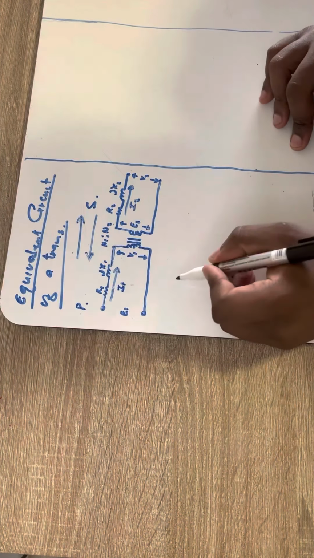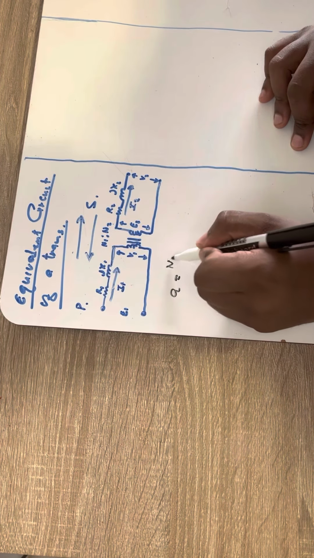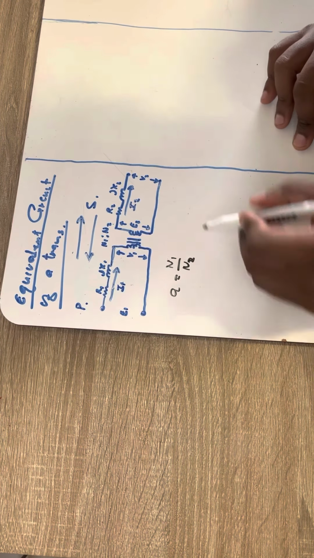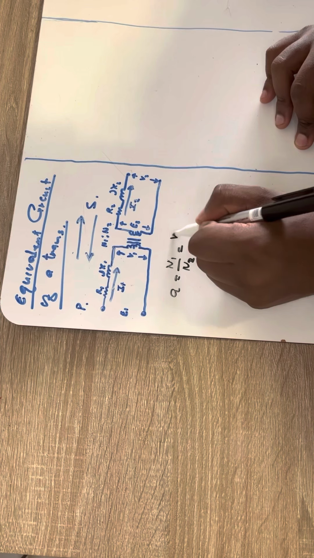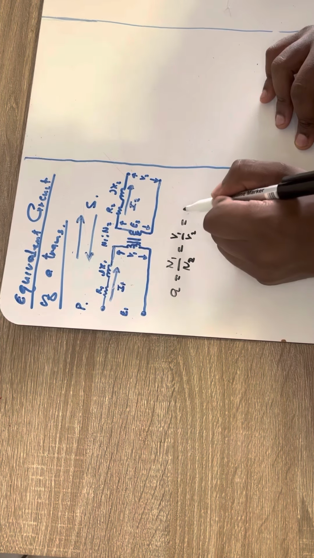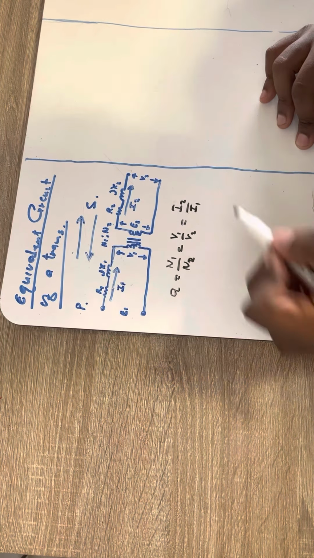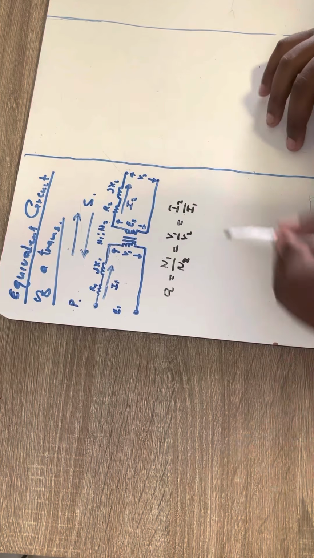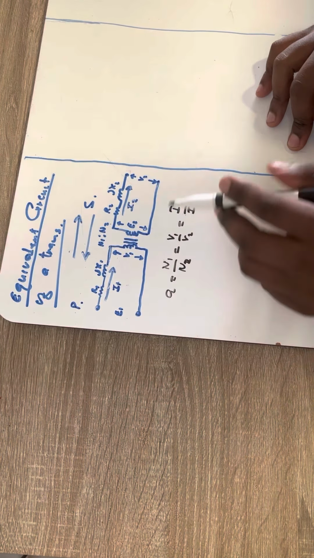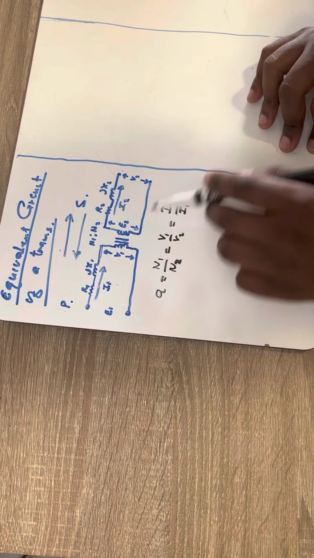So if you write the ratio, we represent it as A equals N1 over N2, these are the primary and secondary windings, equals V1 over V2, voltage on the primary side and voltage on the secondary side, equals I2 over I1, current on the secondary side and current on the primary side. This gives you the ratio of the transformer. So every formula is derived from here.